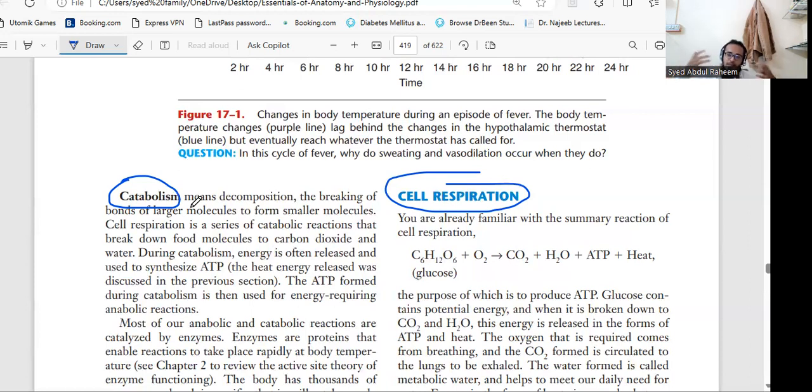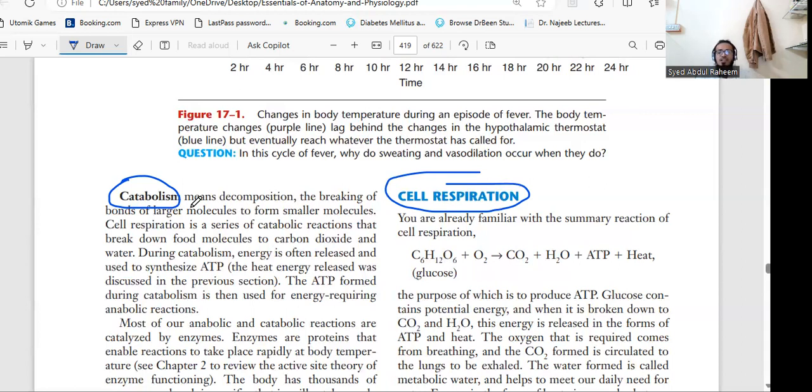The same process will happen in our body through metabolism. Anabolism is the excess amount of energy stored in other forms like fat, like glycogen, whatever form it is. But whenever that is necessary, it will reverse that process. So the body will utilize that and the body will get the energy. So at the end, the body needs energy to do its functions.